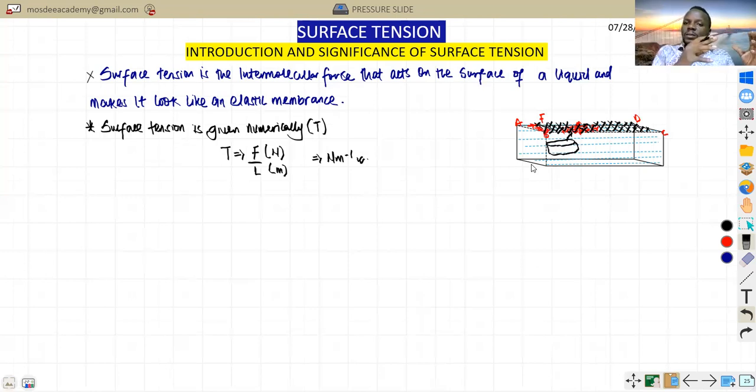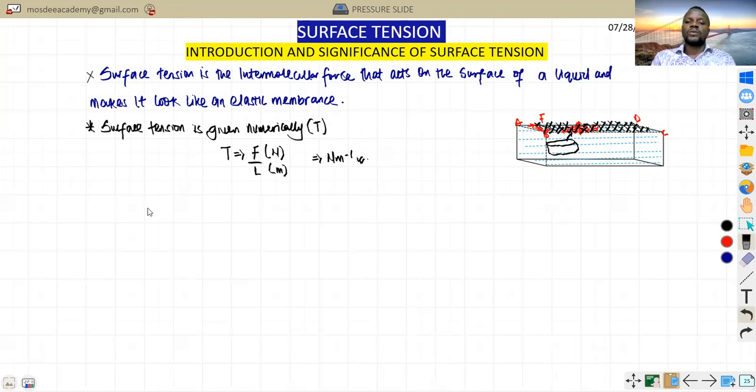The force acting at a particular body might be more than one at a particular point, and it might generate different surface tension. So when we are considering different shapes, we look carefully into the position, so as to know the amount of force that is acting with respect to a hypothetical line. This is the way we relate this in physics, and we have to keep it in mind. That is the introduction I'll give into this topic. Its significance is expressed numerically, and again, it always acts on the surface.